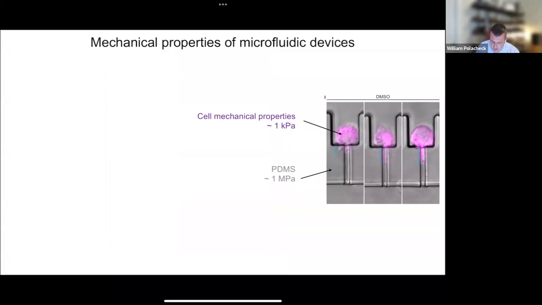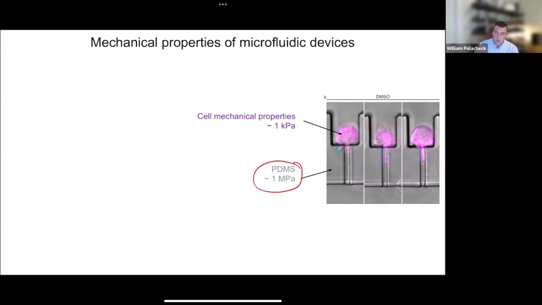But there is one problem with applying these approaches if you think about modeling mechanics of the native microenvironment. So here we wanted a device that was essentially infinitely stiff compared to cells, because we wanted to constrain the cells themselves.